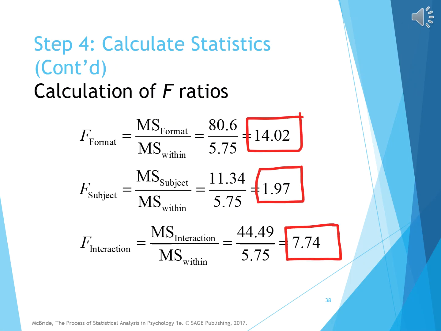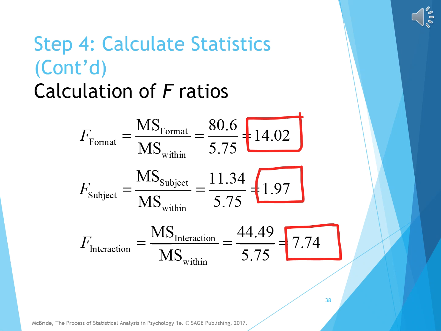So finally, after all of that, you can calculate the F statistic, or F ratio, or F value for each of these effects. And so the F value for the main effect of text format becomes 80.6 divided by 5.75, and that gives us 14.02.